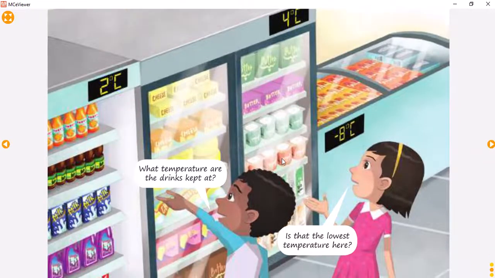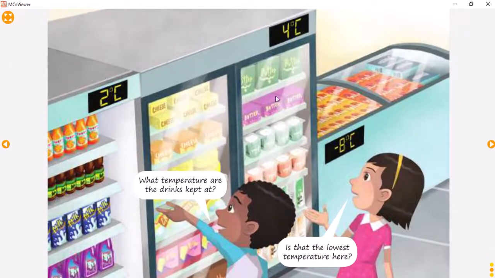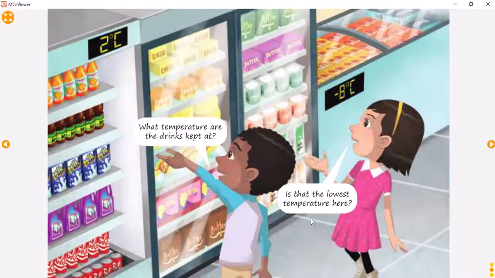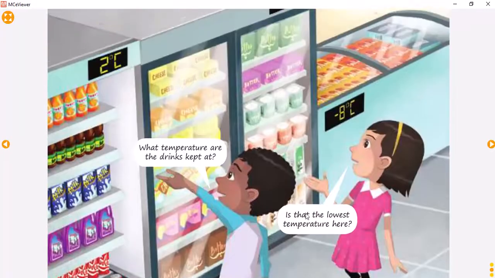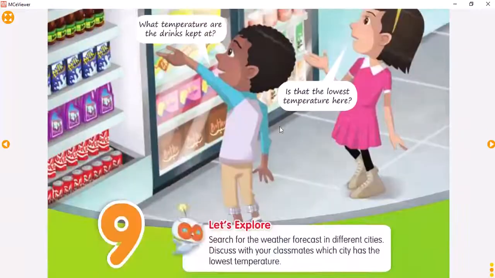And the temperatures may vary in different devices. So, for example, it is 2 degrees Celsius, 4 degrees Celsius, and -8 degrees. So they're talking about what temperature drinks are kept at. And is that the lowest temperature here? So they're just looking at the temperatures.